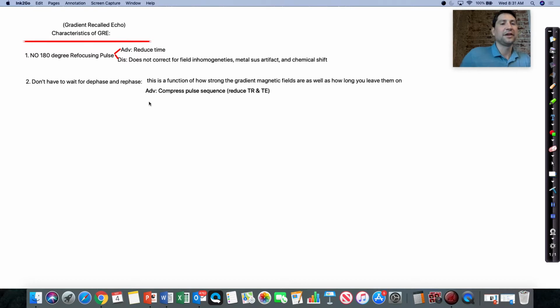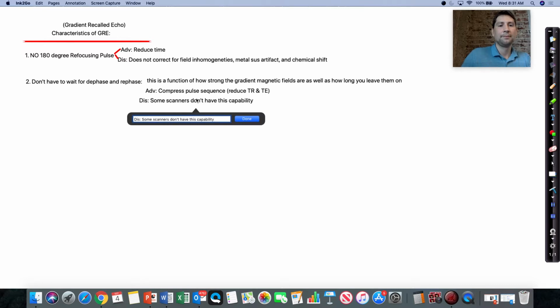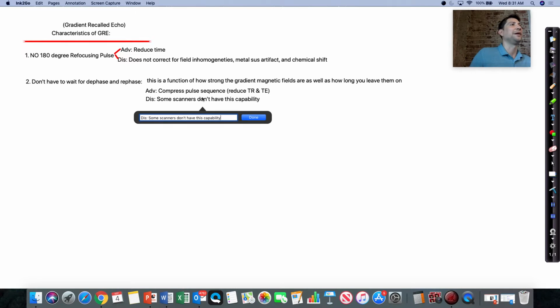The only disadvantage I can think of for this is some scanners don't have this capability. But most of the scanners you're working with in clinic do. The only one I could think of is maybe that Hitachi at Roswell.